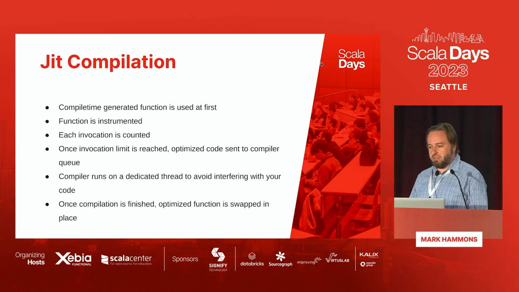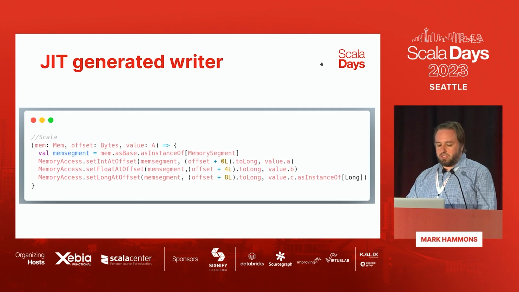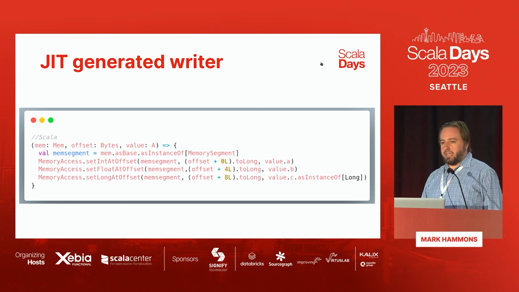If that code is called, let's say 10,000 times, then it sends a request to an embedded Scala compiler in Slinc to generate optimized code for your platform. The compiler runs on a dedicated thread. It does the optimization and the compilation in the background, and once that's finished, it swaps out the compile time generated function with a runtime generated, properly optimized function.